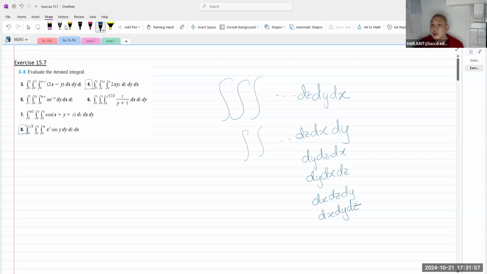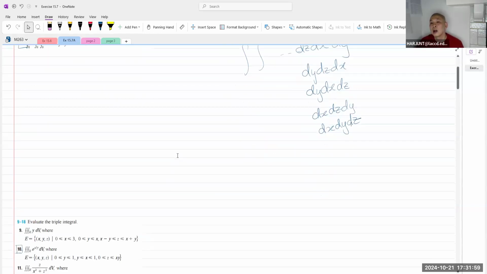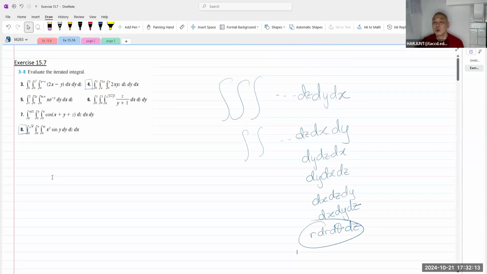Not to say that we may have another type where we do r dr d theta and then dz, or other possible variations from there. We talk about this later though, but for these sections we have 6 different orders.